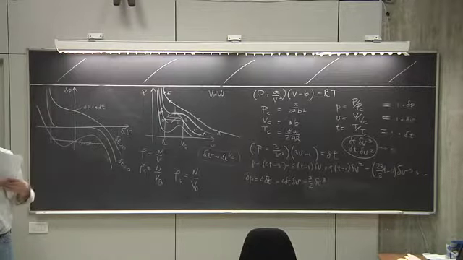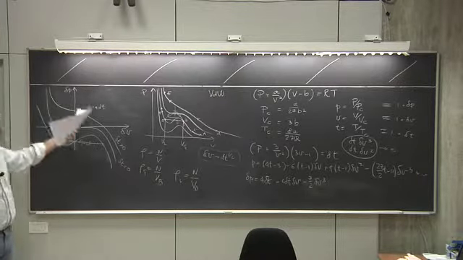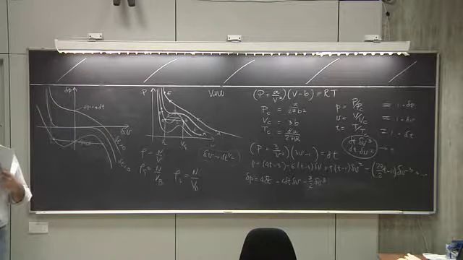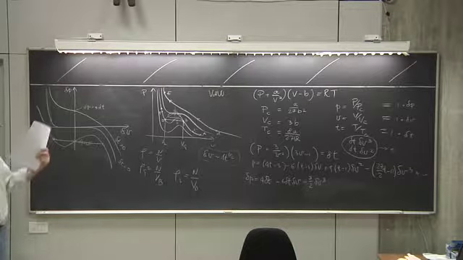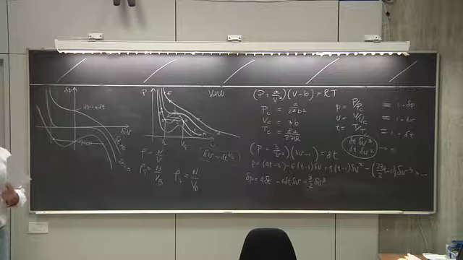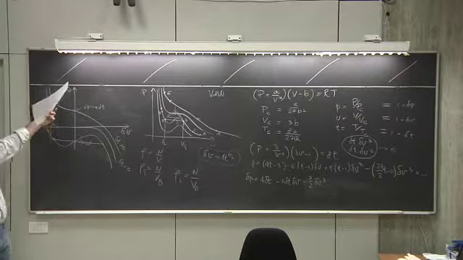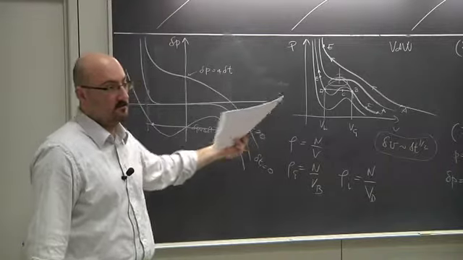This is delta p as a function of delta v. So I plot delta p as a function of delta v. You plot the function here and the variable on the x-axis.